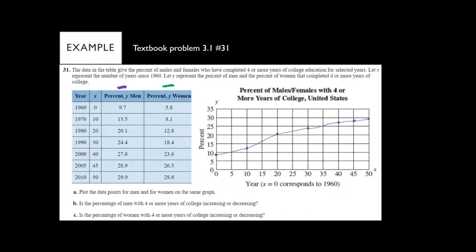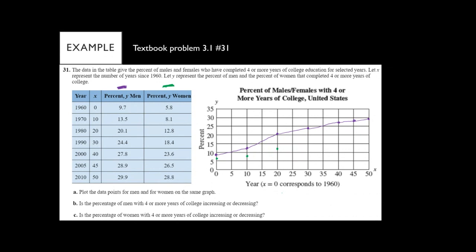So now I'm going to do the same thing with my Y, which is the women. I'm going to start at 0, which is 5.8. So I'm just going to sort of estimate where that is. 10 is 8.1. 20, 12.8.